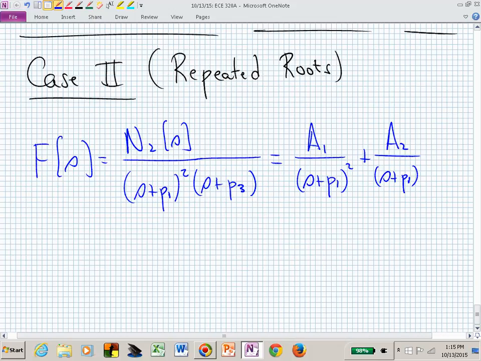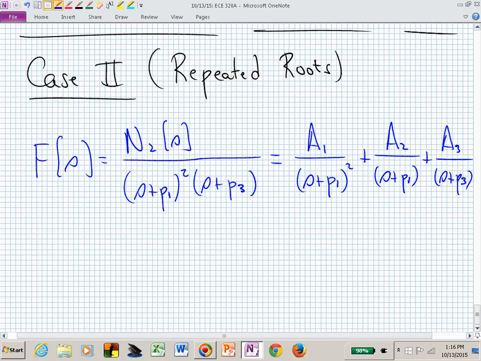I have two roots at s equal to minus p1, and then I have a distinct root at minus p sub 3. And that's the strategy that we will use.